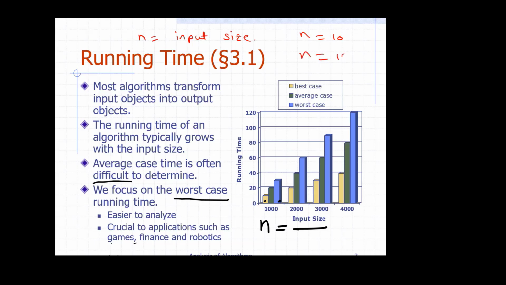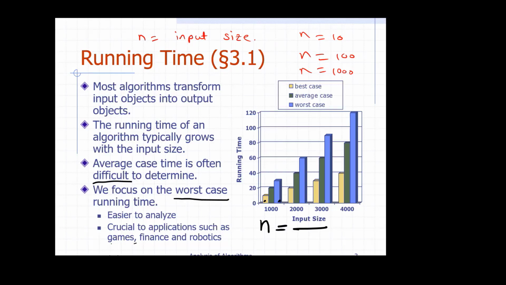When n is equal to 100, we are adding 100 numbers. Definitely when we are adding 10 numbers, my time will be less than when we are adding 100 numbers. When my n becomes 1000, we are adding 1000 numbers, and so on. That is our input size, and whatever addition we get is our output. So typically, for every algorithm, we will have some running time.